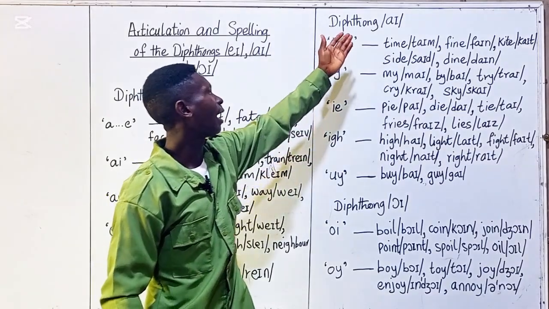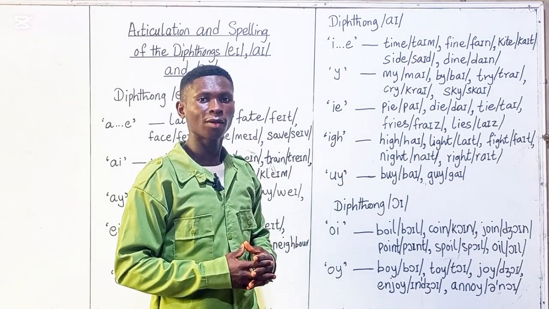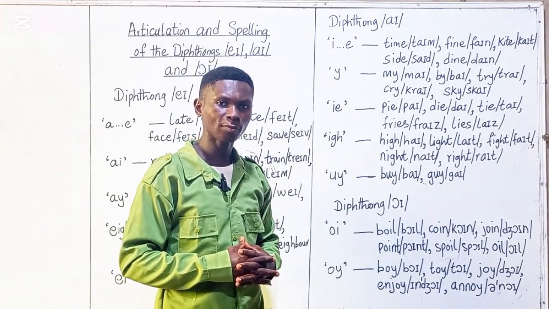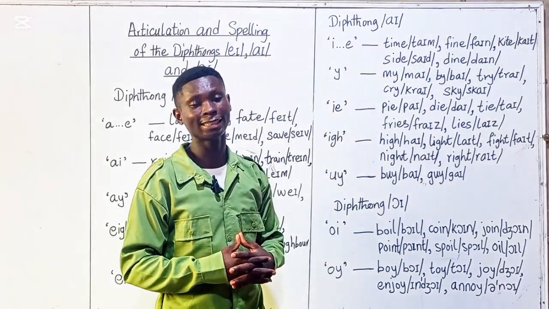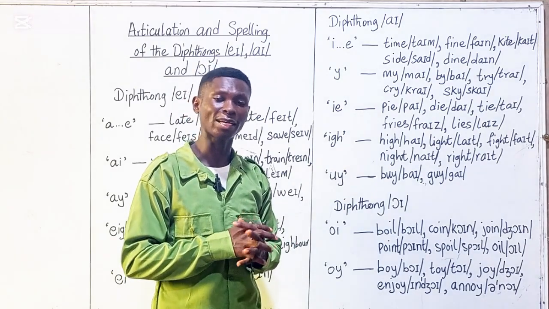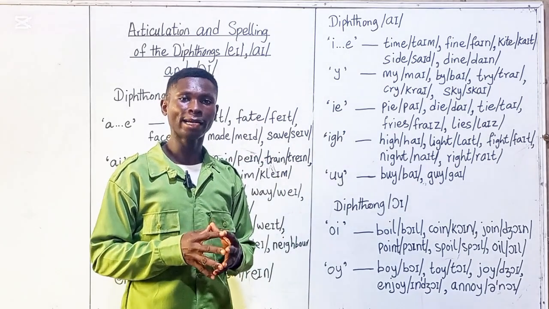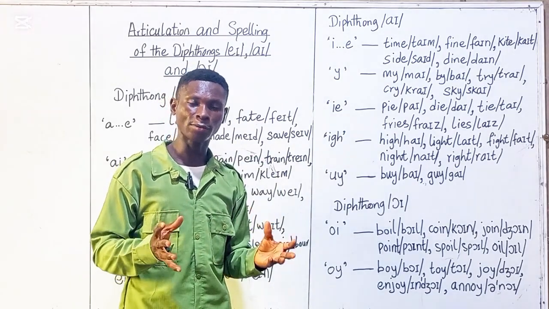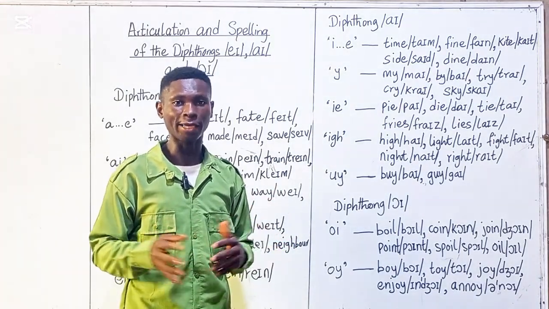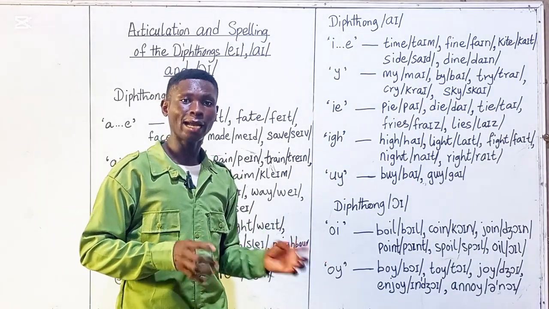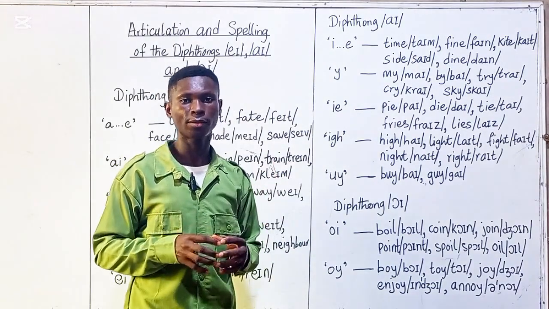Another spelling for the I sound is letter Y. Remember what I said previously, that letter Y is not only a consonant letter, it can also be considered as a vowel letter. Letter Y can represent vowel sounds such as E and I. So we considered how letter Y represents the sound E previously.